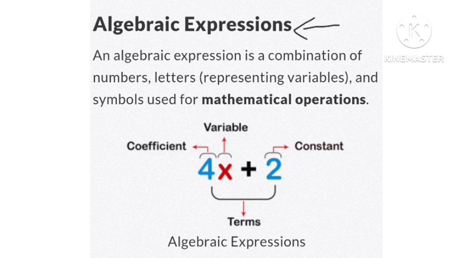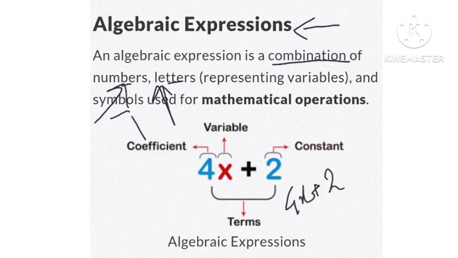The definition of the algebraic expression is: a combination of numbers, letters and symbols used for mathematical operations is known as an algebraic expression. Here the term is written as 4x plus 2.